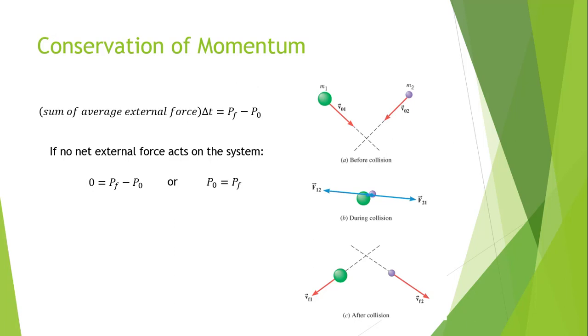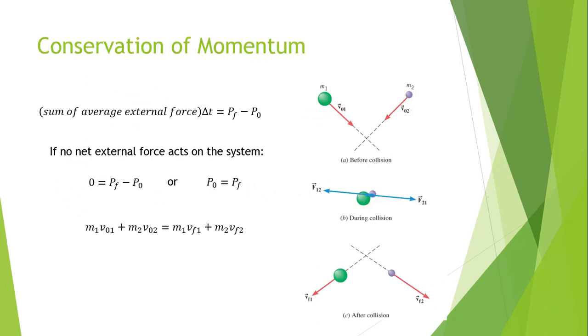You get the expression that zero, sum of all the external forces, 0 times delta t, doesn't matter how long the collision happens. So 0 times delta t is 0, which is equal to final momentum minus initial momentum, or we could say initial momentum of the system is equal to final momentum of the system. Or m1v initial 1 plus m2v initial 2 is equal to m1v final 1 plus m2v final 2. This is a statement that's called conservation of momentum.